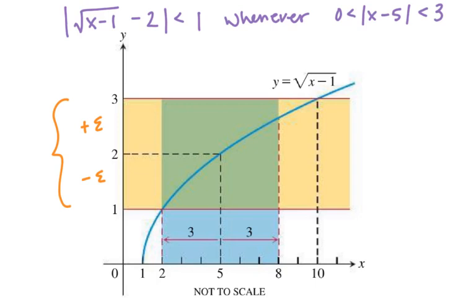If I choose my delta to be 3 units, minus 3, plus 3, as long as I'm within that window, all of my y values will fall between 1 and, if I had chosen 8, the square root of 7. And 1 and root 7 are within my epsilon window, so this works. I hope that helps you understand what we're doing with the precise definition of a limit.